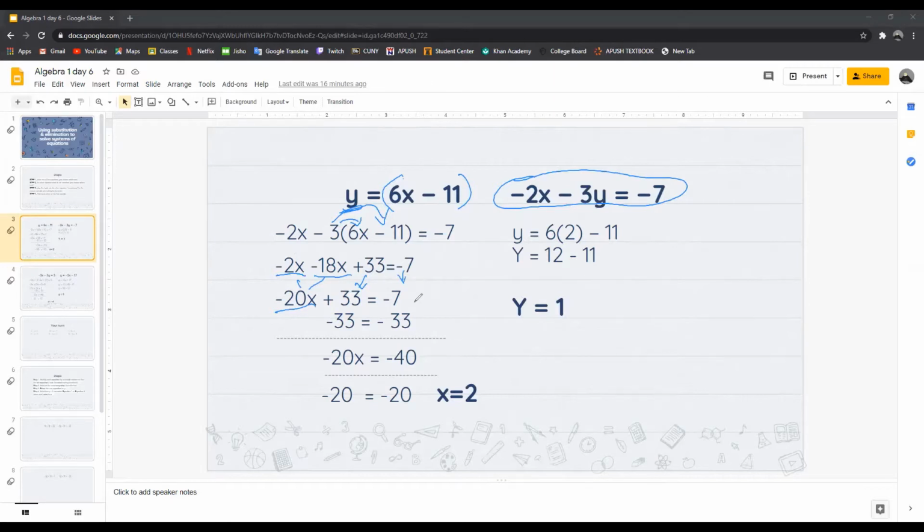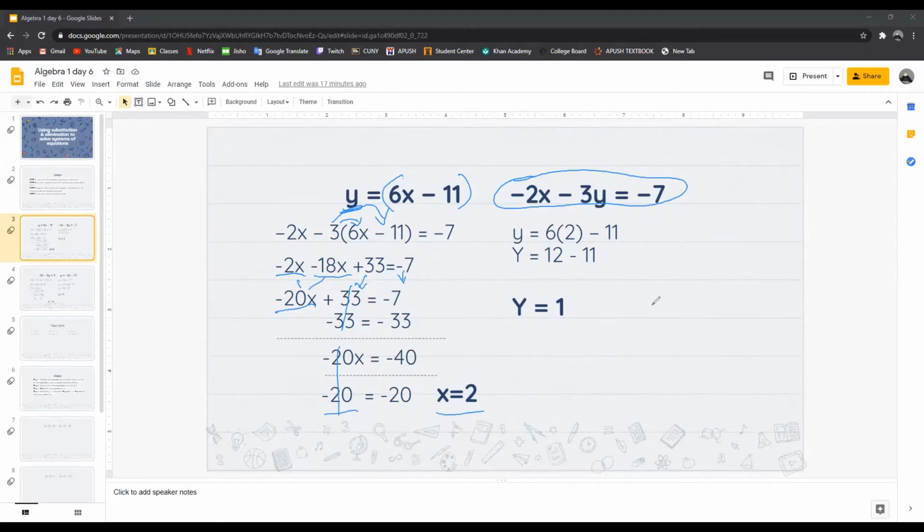And now, because you want to get x by itself, you would have to subtract 33 to get rid of the 33, and subtract 33 also on the other side, and you would end up with -40. And now to get x by itself, you would have to divide by -20, so it gets rid of the -20, and you also do it on the other side, and you would get x equals 2.